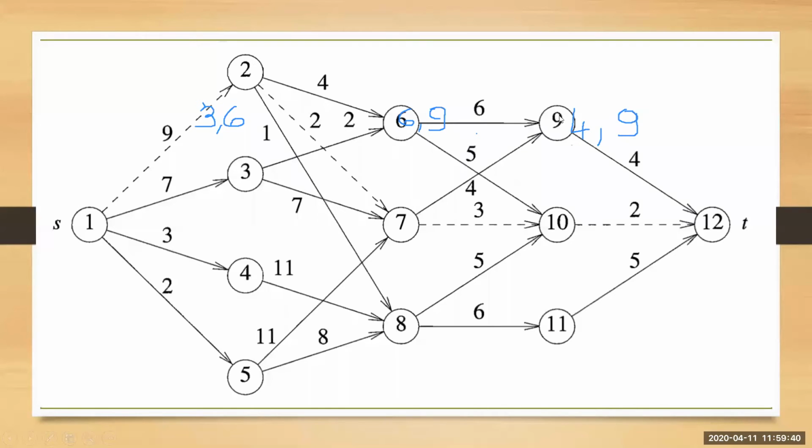That should be added with the cost of 9. You might have calculated the cost of 9 in the previous step. So this cost plus the 6 to 9 edge cost will be the cost that you should consider.